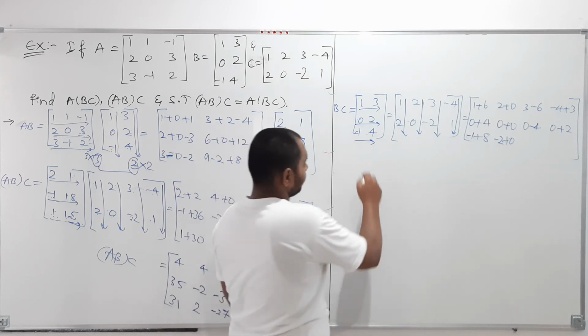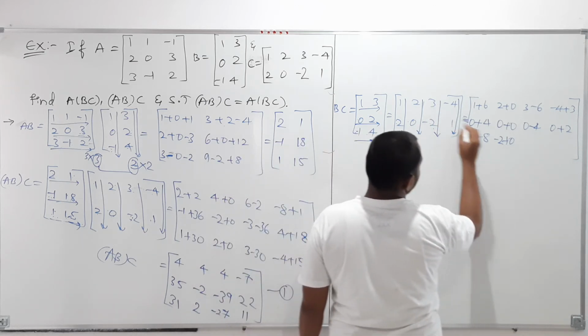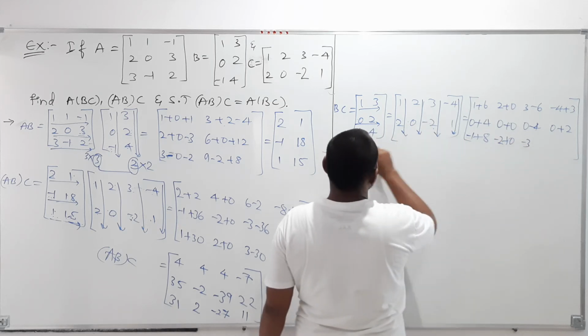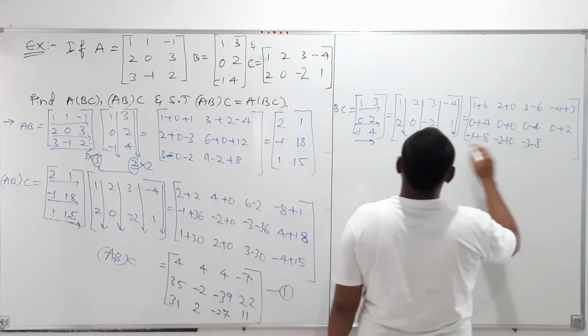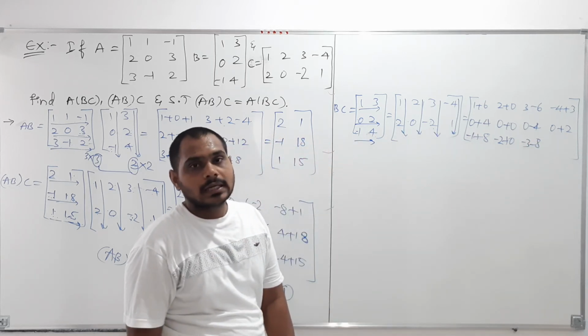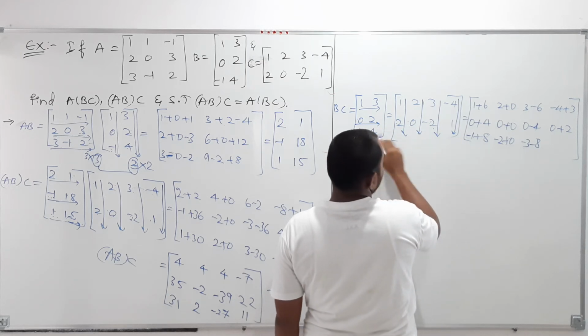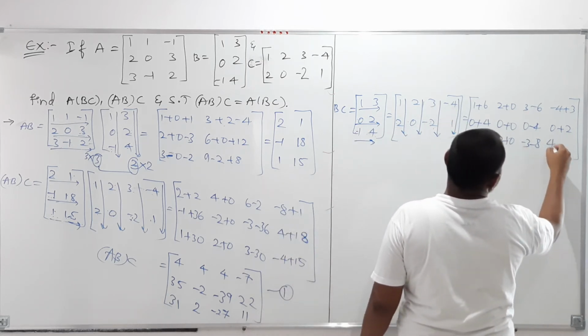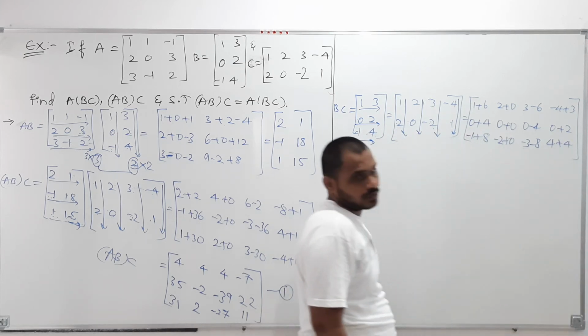Clear? Next, third row, third column. Minus 1 into 3 is minus 3 plus minus 4 2s are 8. Clear? Next, third row, fourth column. Minus plus 4. Next, plus 4 1s are 4.